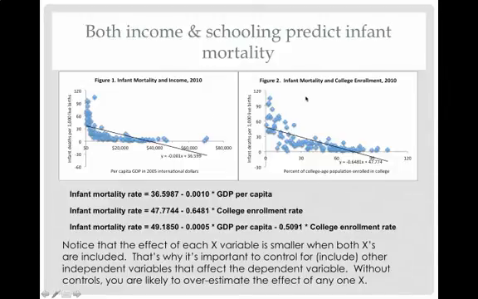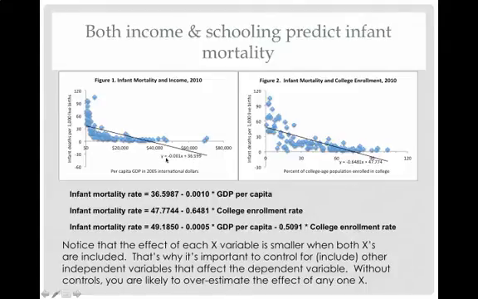Same relationship appears to hold for infant mortality and college enrollment. So in countries where you have lots of people, this is the percent of college-age population, lots of people enrolled, infant mortality is pretty low. In places where there's not a lot of education, infant mortality is pretty high. It's a negative relationship.